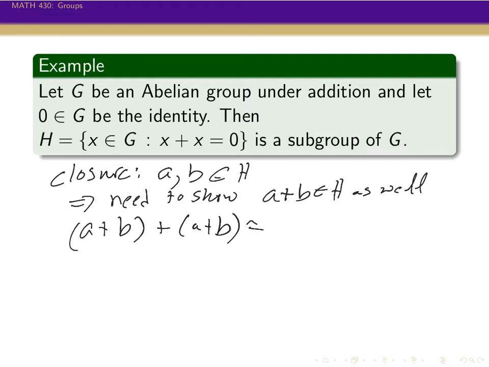Well, then by associativity, we can drop the parentheses, and since it's an abelian group, it's commutative, I can rearrange that A and that B, and rearrange this to be A plus A plus B plus B. And then since A and B are each in H, this is going to be 0 plus 0, which is 0.